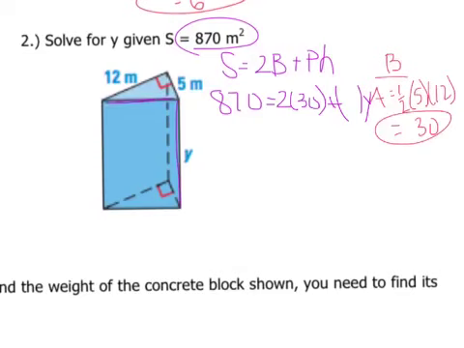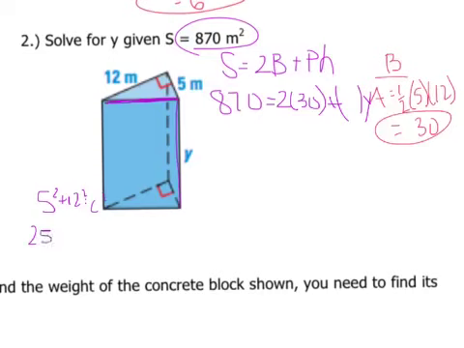Yep, we would have to use the Pythagorean theorem to find that hypotenuse, and then we could add them together. Or if you know a few Pythagorean triples, you might already know what the hypotenuse is. If not, 5 squared plus 12 squared equals c squared. You could certainly do it that way.